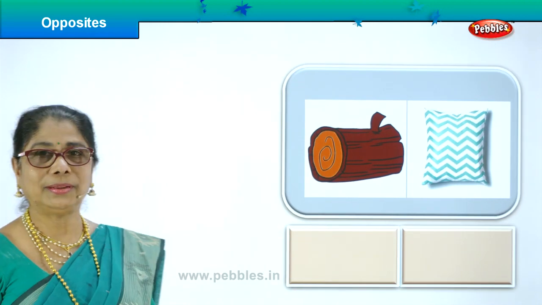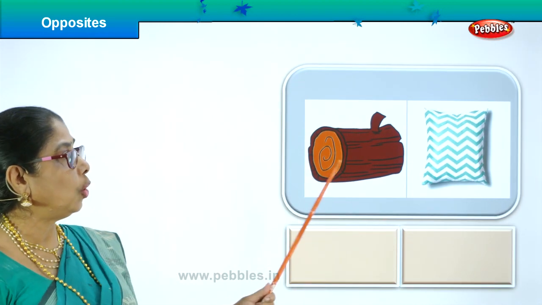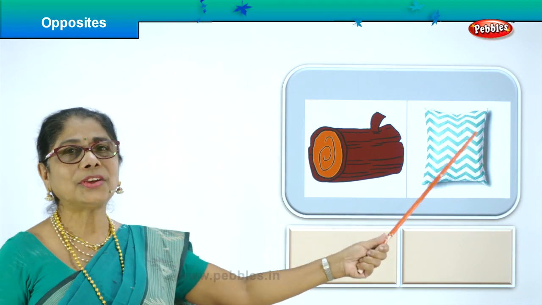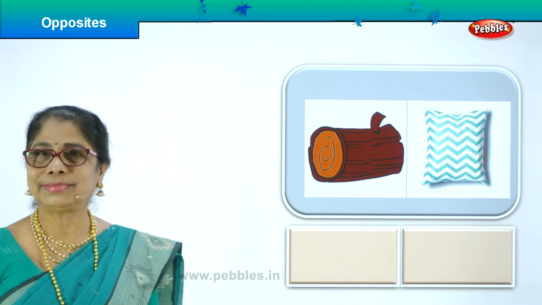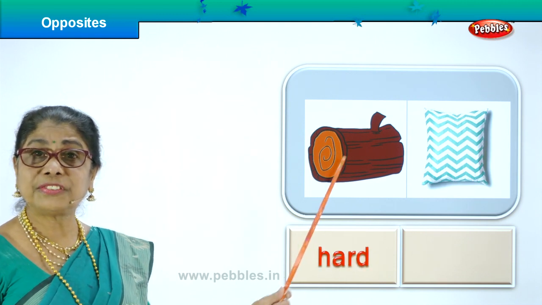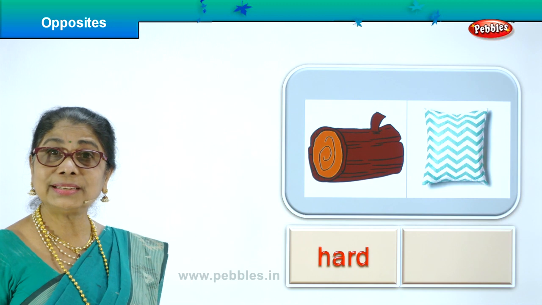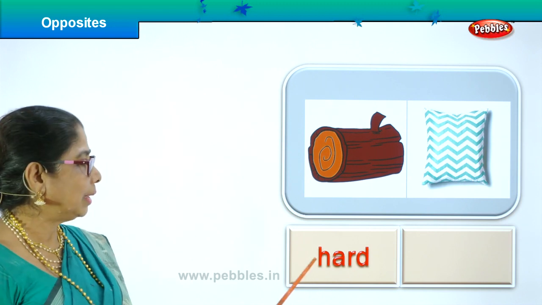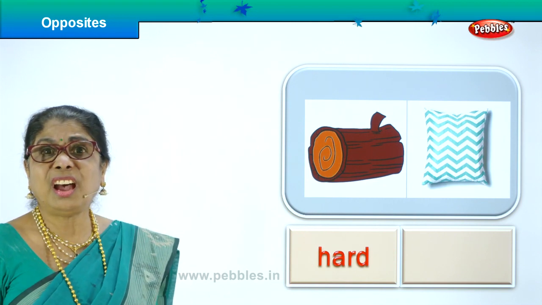See what we have here. You have a piece of log here. And you have a soft pillow here. Yes, a log is rough. And the pillow is opposite of rough, smooth, or okay, hard. The log is hard.